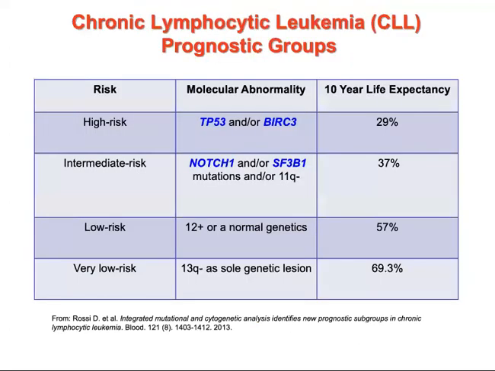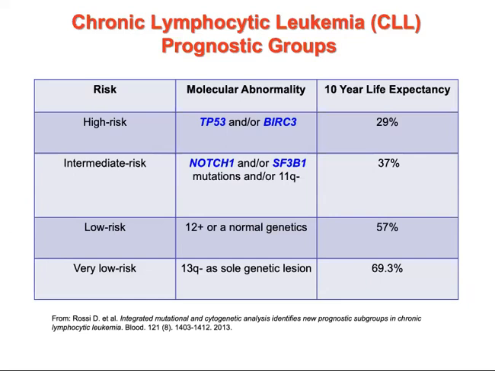So with CLL, some more genetic abnormalities, mutations, and chromosomal abnormalities have also been found to be helpful in the prognosis. Basically, the more that the science evolves and the CLL evolves, there's more genetic mutations and chromosomal abnormalities that have been identified, and so there are more prognostic groups that are found, which serve to identify the progression of the disease.